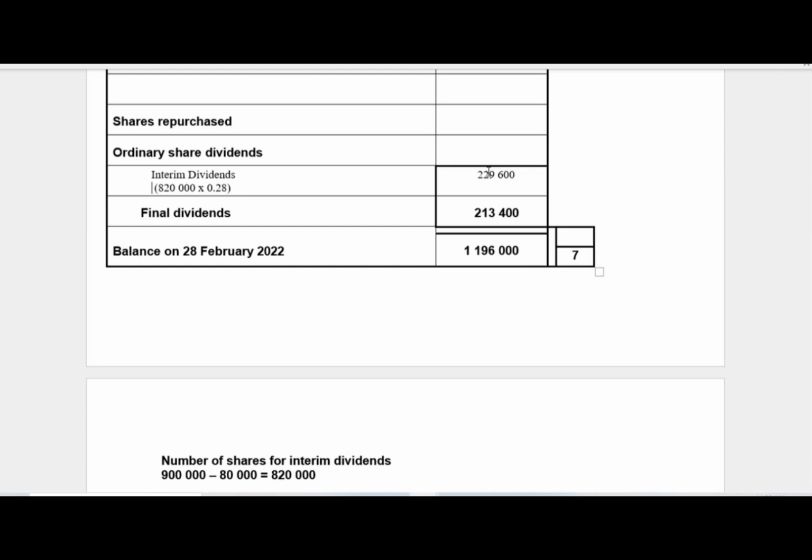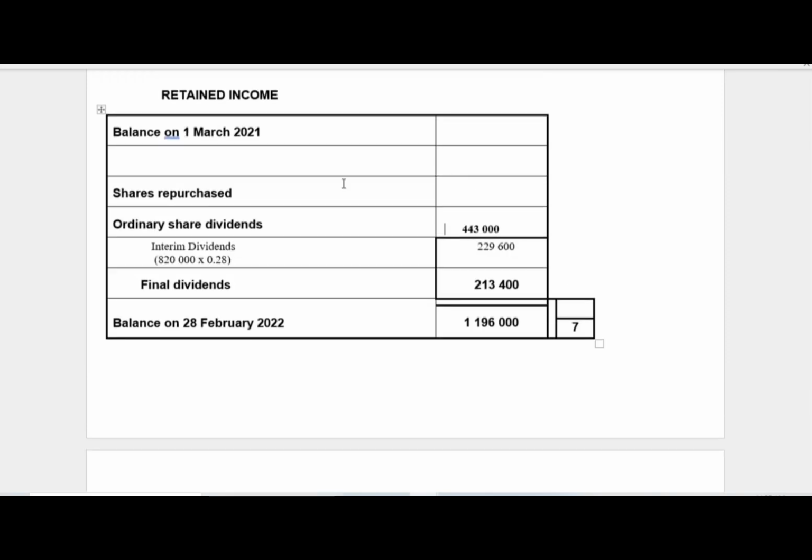Your ordinary share dividends is going to be 229,600 plus 213,400, which is going to be 443,000. All right, that is the answer for ordinary share dividends.